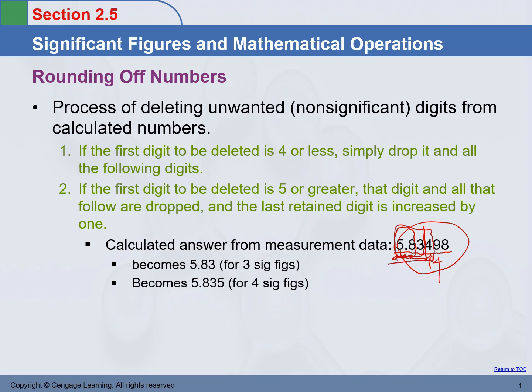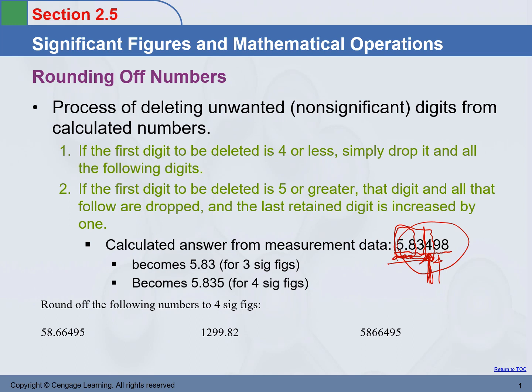The next digit is 5 or above. You drop them, you increase the last retained digit by 1. Right now it's 4, it becomes 5. Okay, that's the rounding off process.